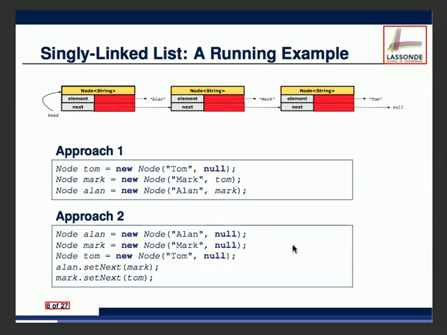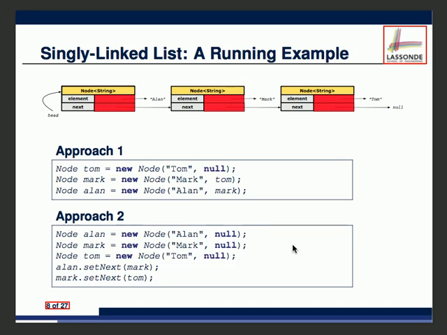Alan here, and this is Mark, and this is Tom. So now n over here is going to be a copy of Mark. So it's going to be copied to here. And you can see this is the current object, that's this. So this is going to be replaced by Alan.